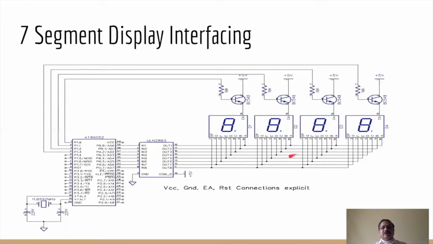So that saves the current requirement. That's why the multiplexed digit display is more preferable than the static displays whenever we use the 7-segment LED displays. So that is how you can interface the 7-segment LED display with the microcontroller.